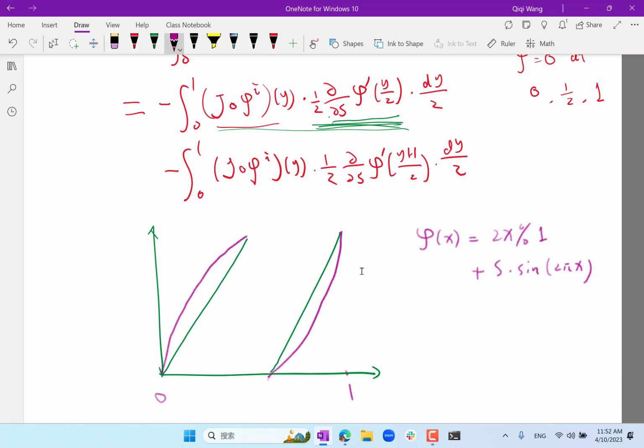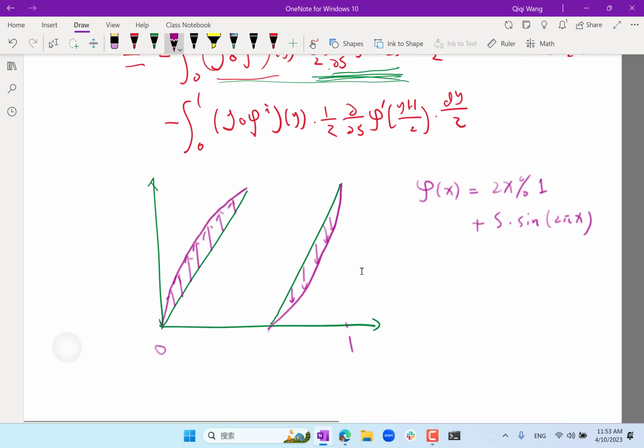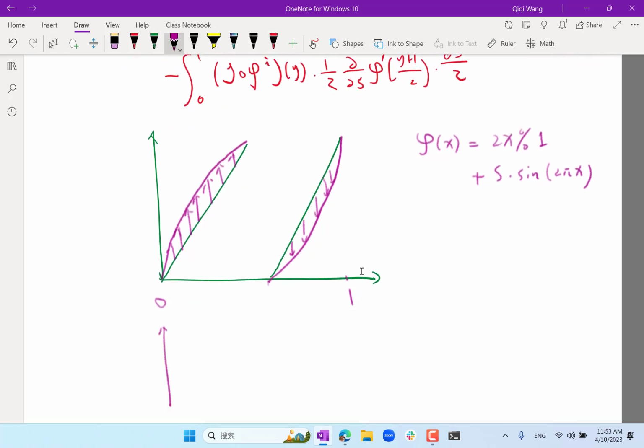Then what is partial phi partial s? Partial phi partial s is the space between the green line and the purple line, right? That is partial phi partial s. So if we draw partial phi partial s, it is this thing.